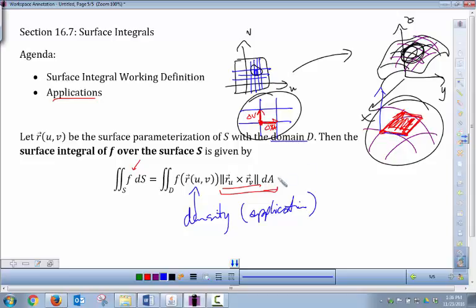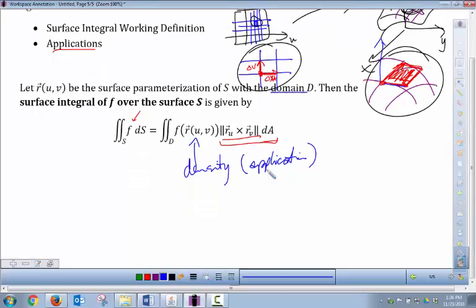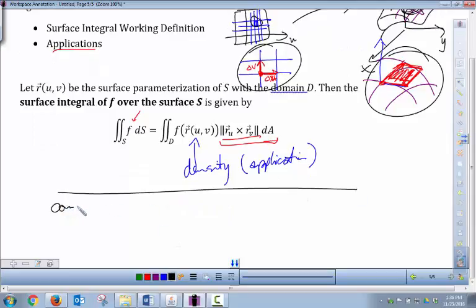But the magnitude of that is actually the area, and that's what we're looking for, the surface area. Okay, and I want you to think about how this compares to the path integral.